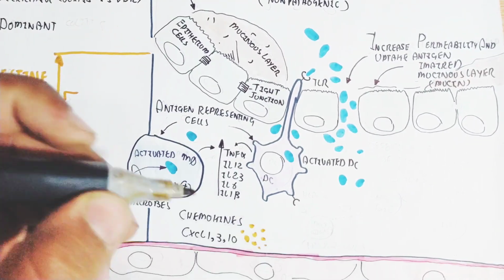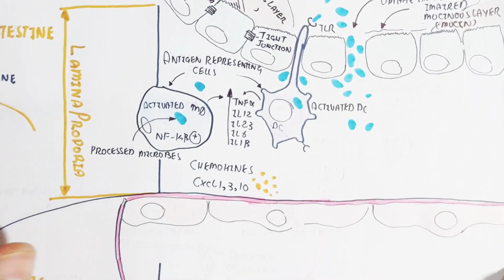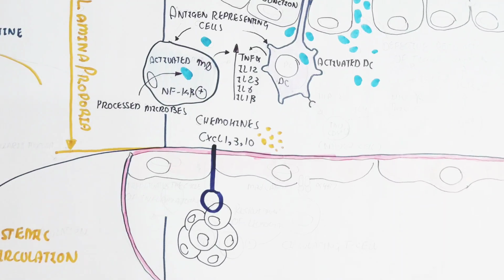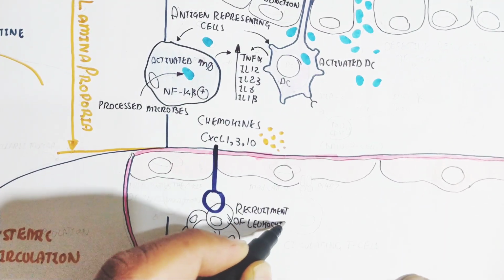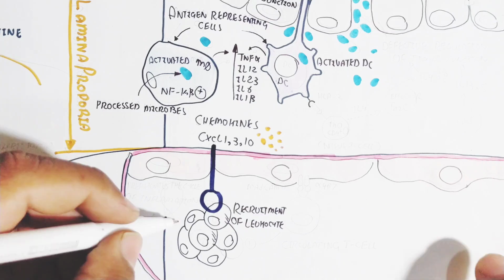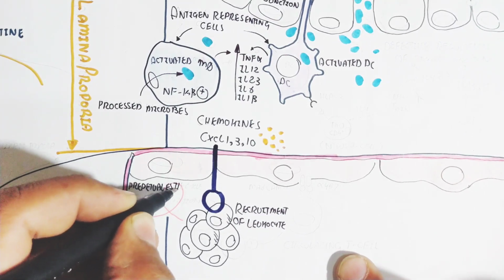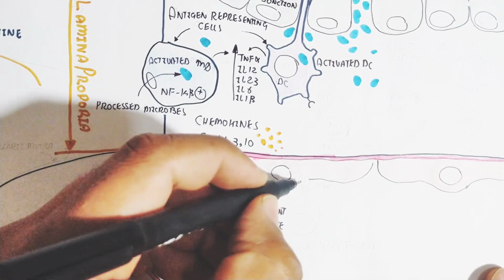Chemokines are also produced from these innate immune cells, like CXCL1, 3, and 10, which target the endothelial cell to pass into the blood circulatory system for recruitment of leukocytes. This is the command for recruitment of leukocytes from the lamina propria.